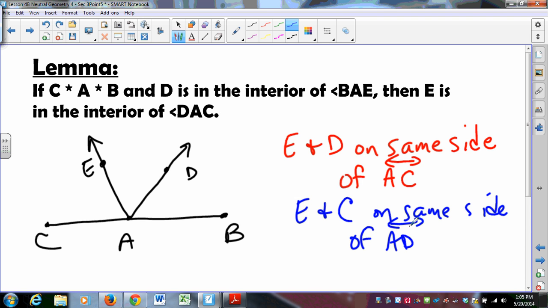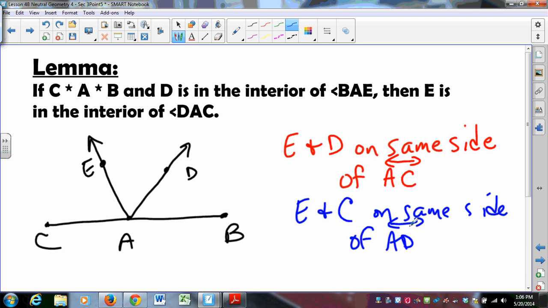If E and C are on the same side of AD, that sticks E squarely in the interior of angle DAC. So we need E and D on the same side of AC so that we can talk about angle interiors at all. And then we say, okay, if D is in the interior of BAE, and we have E and C on the same side, then E's got to be in the interior of angle DAC. Okay?